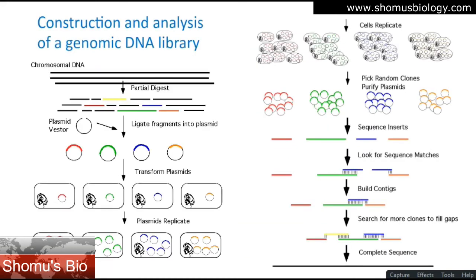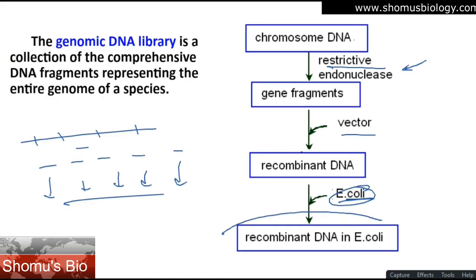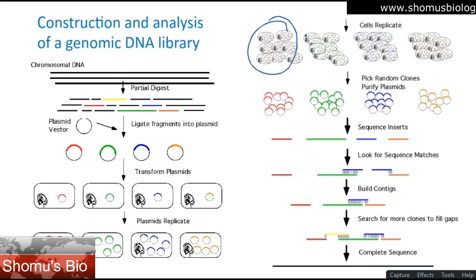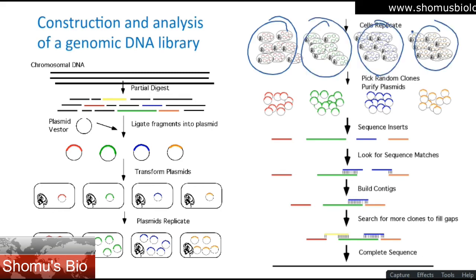So how do we actually construct it? We produce recombinant DNA with every single gene the organism has, then put it inside the host separately. If the organism has 20 genes, there will be 20 separate vessels, each with its respective host containing the recombinant DNA.